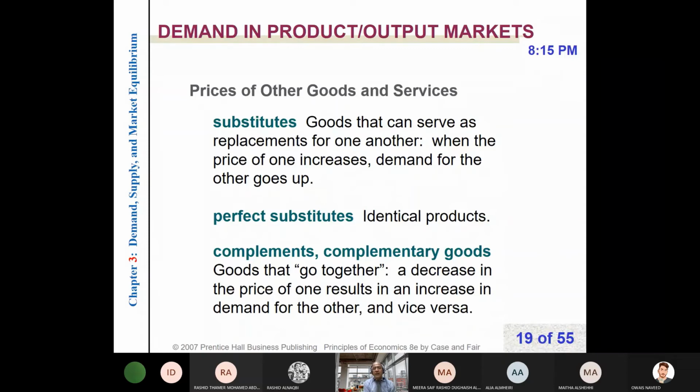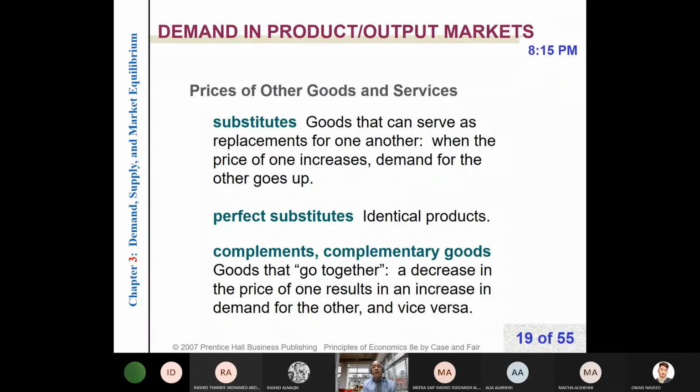If coffee becomes expensive, demand for tea will increase because it looks cheaper. So the relationship between the price of coffee and demand for tea is positive. They move in the same direction. Please be able to answer. Let me change the question.